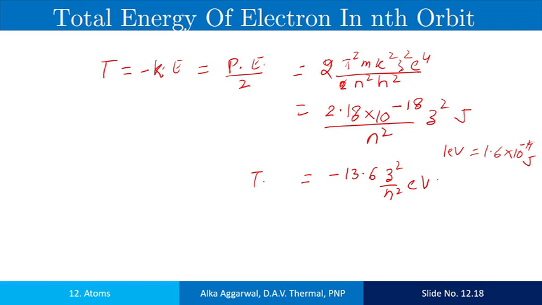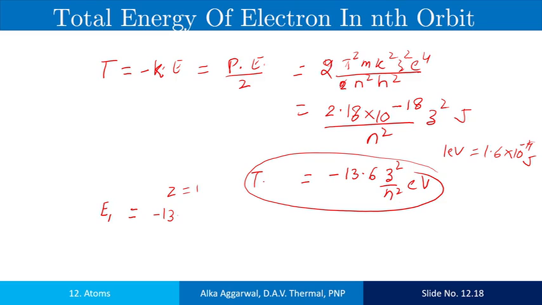So the energy of the electron in the first orbit of the hydrogen atom: for the hydrogen atom, the value of Z is 1, and in the first orbit, the value of n is also equal to 1. So the energy is minus 13.6 electron volt. In the second orbit, the value of n is 2. So minus 13.6 upon 4 equals minus 3.4 electron volt, which is the energy of the electron in the second orbit of the hydrogen atom.